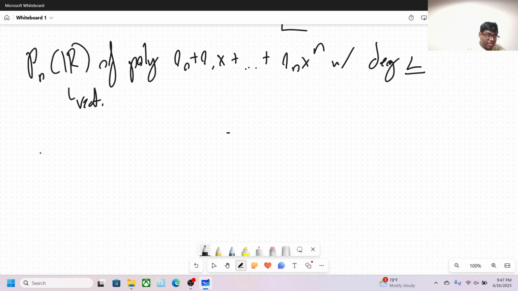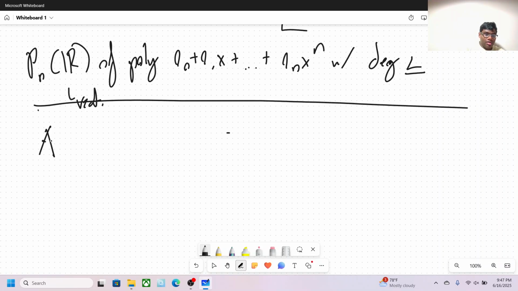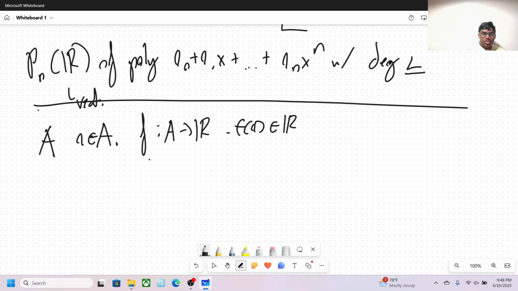And perhaps the most abstract example is to take a set A and consider functions f from A into R, so that for every a in A, f(a) is an element of R. And so we can define a very natural vector space structure by taking two functions, f and g, and defining (f plus g)(a) equals f(a) plus g(a).